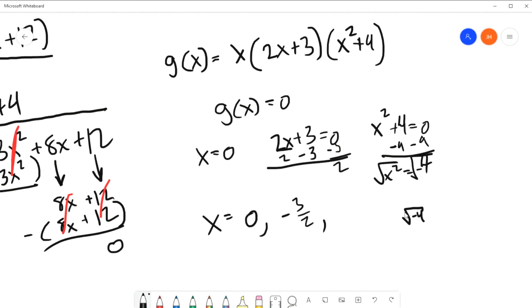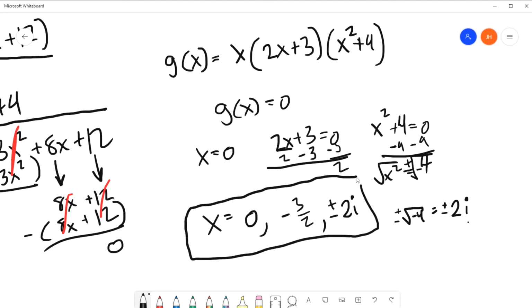So this is equal to, well, the square root of 4 is 2, so 2i. And it would be positive or negative because, remember, when you square root while solving, you should have a plus or minus. So my solutions are 0, negative 3 halves, and plus or minus 2i, where i is that imaginary number, the square root of negative 1.